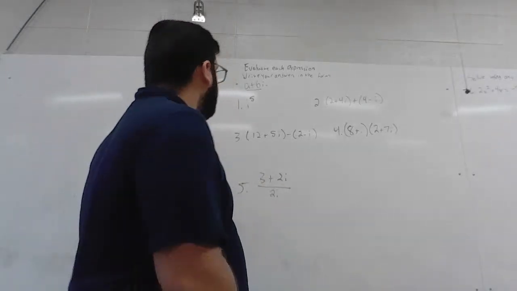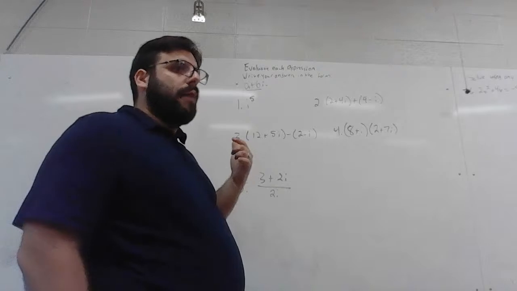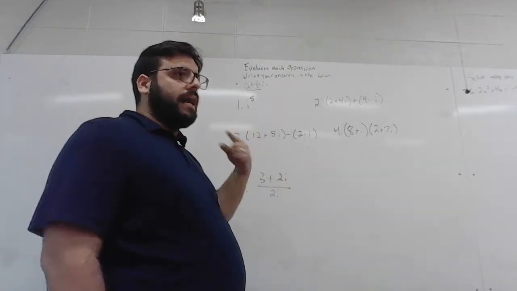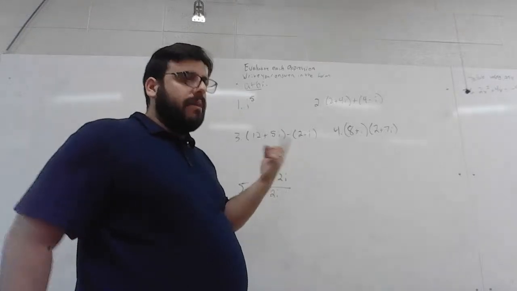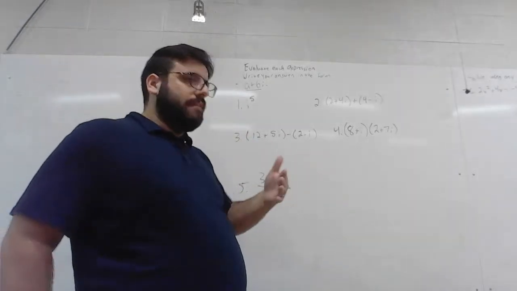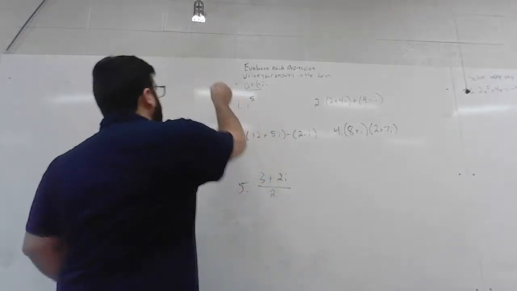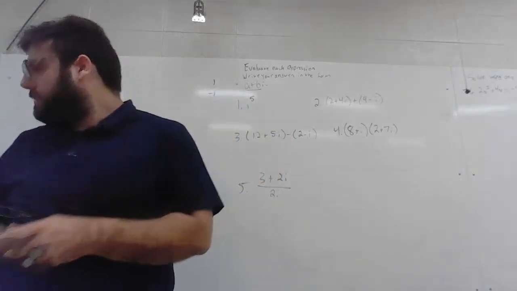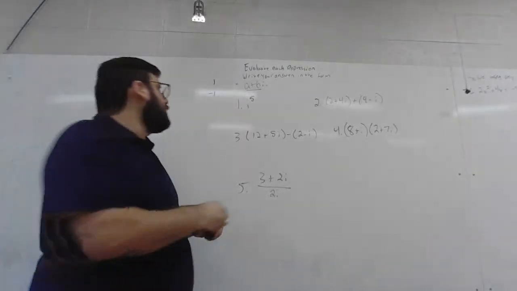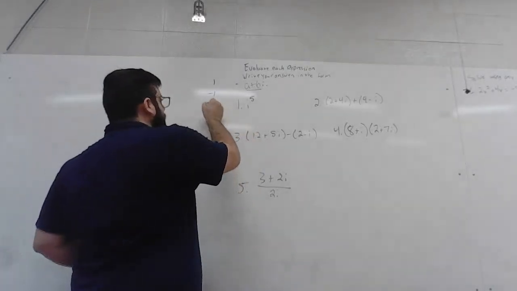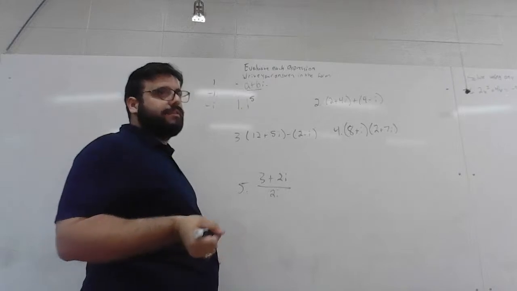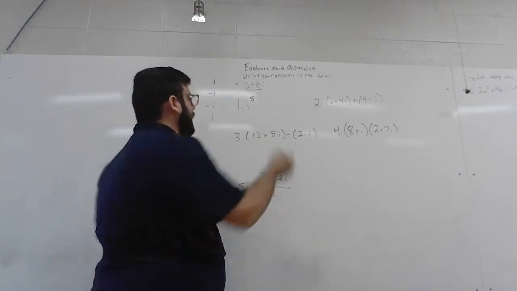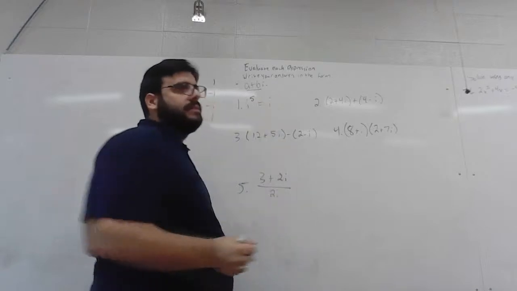If you remember, powers of i follow a particular pattern. i to the first is i, i squared is -1, i to the third power is -i, and i to the fourth power is +1, which means i to the fifth is i.